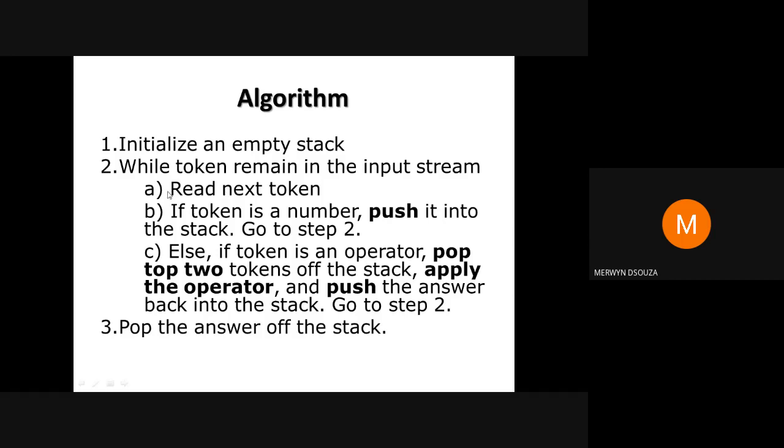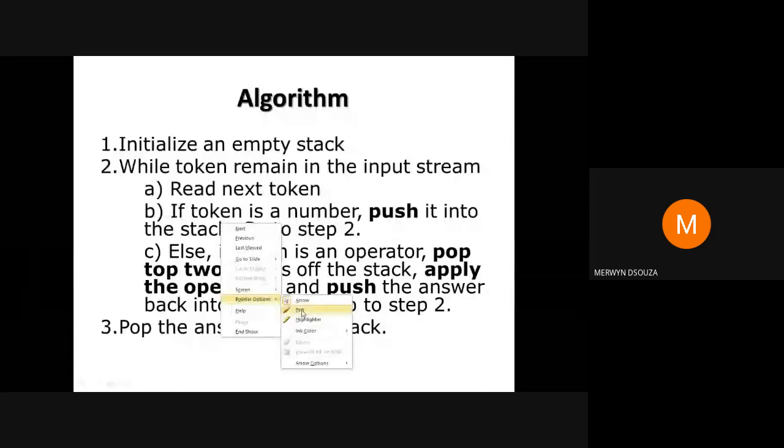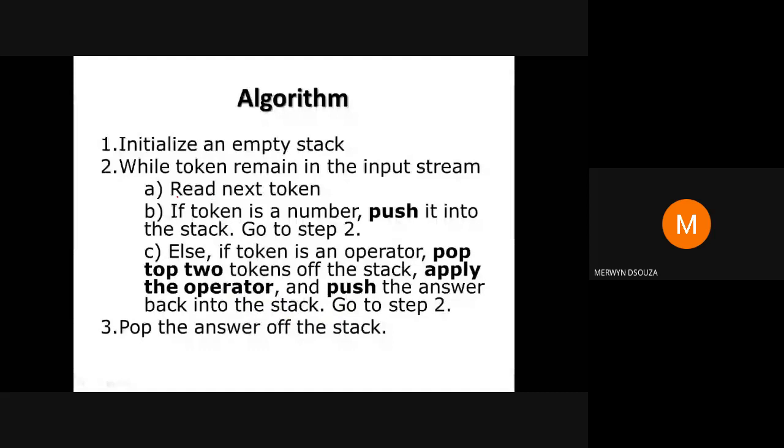When I say step 2a, we are reading the next input. Step 2b means we are checking whether it's a number, and step 2c is for the operator. You need to remember it like that. If it's a number, push it on the stack.